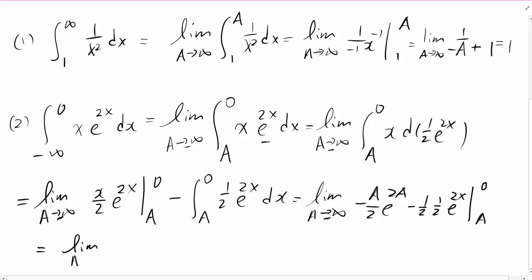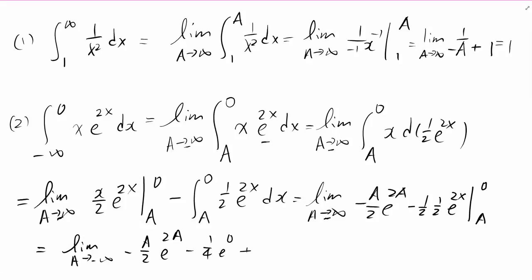Limit a is approaching negative infinity, and negative a over 2 and e to the 2a over here. When we plug in 0, we get negative 1/4 e to the power 0, which is 1. And then we have plus sign because it's the lower limit, and then 1/4, and we have e to the 2a over here.